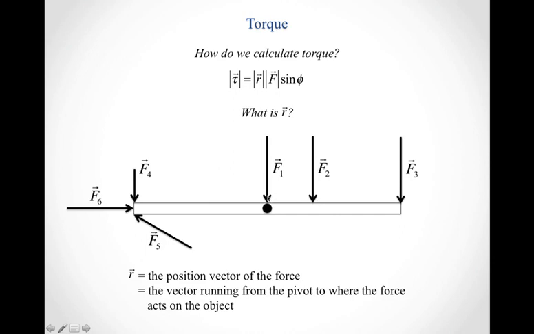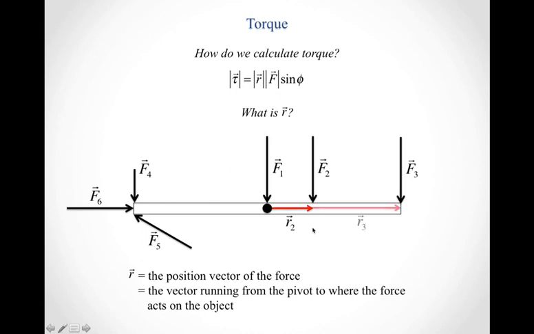So if we think about force 1, because force 1 acts at the pivot, its position vector is the 0 vector. Force 2 acts over here some short distance to the right of the pivot, and so its position vector runs from the pivot to where force 2 acts.